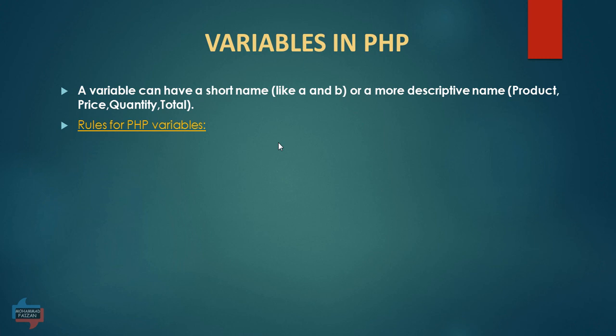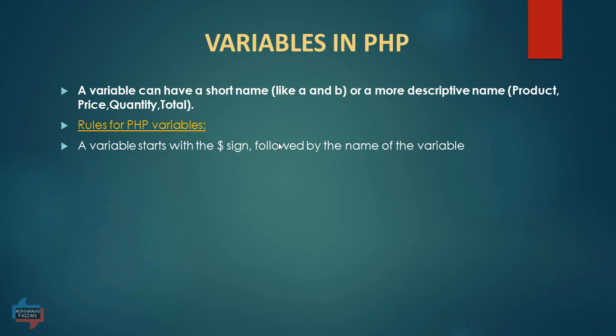Rules of PHP variables. A variable starts with the $ sign followed by the name of the variable. So let's go for the practical.